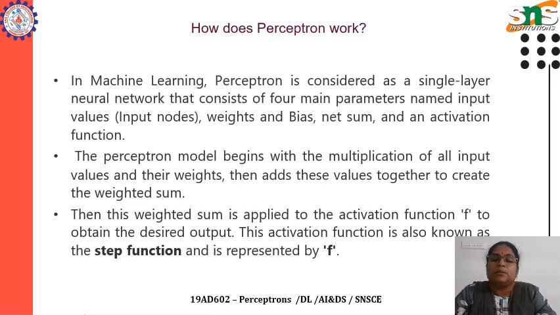Then add these values together to create a weighted sum. This sum is applied to the next layer called activation function, which is represented as small f to obtain the desired output. The activation function is also known as a step function and this can be represented by small lowercase f.